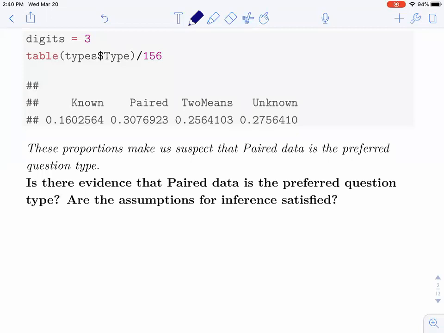Okay. So let's talk about, well, what's our null hypothesis going to be? Because if you remember to check our assumptions, we have to know what our hypothesized proportion is. In this case, because for a null hypothesis, we're assuming that everything is the same. If everything's the same and we have 4 groups to choose from, I would expect to see a quarter here, a quarter here, a quarter here, and a quarter here.